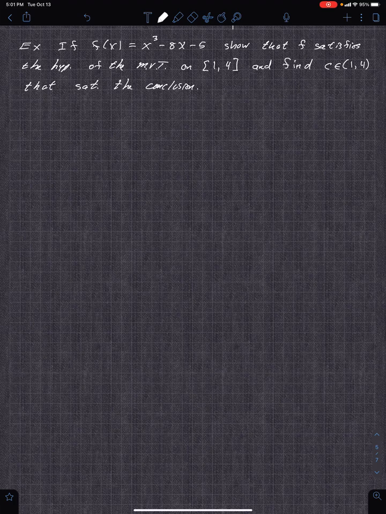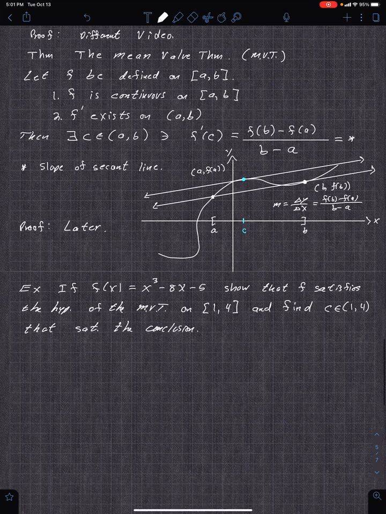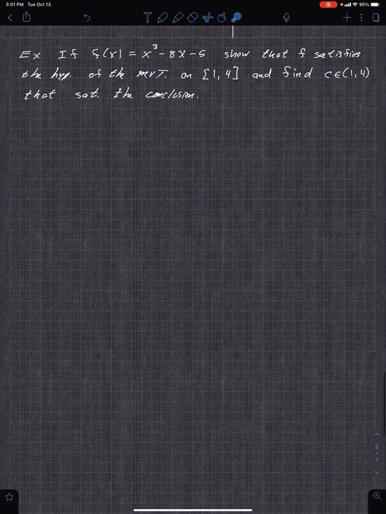So most of the hypothesis is pretty straightforward. You're just going to restate it. f is continuous. Well, f is a polynomial, therefore it's continuous on the reals. f is a polynomial, so it's differentiable on the reals, so it satisfies those. That's all you got to say. You just got to state it.